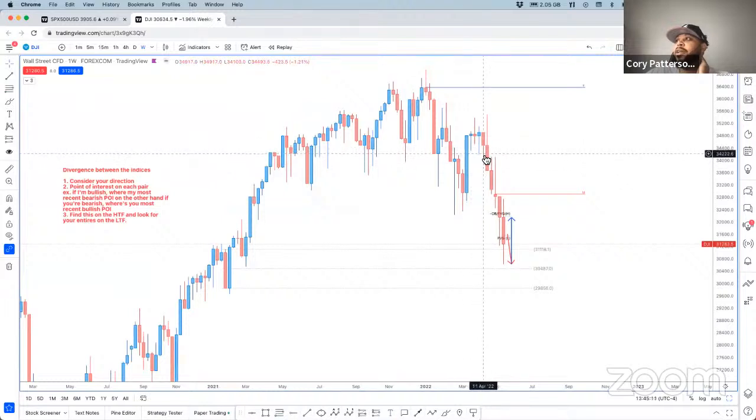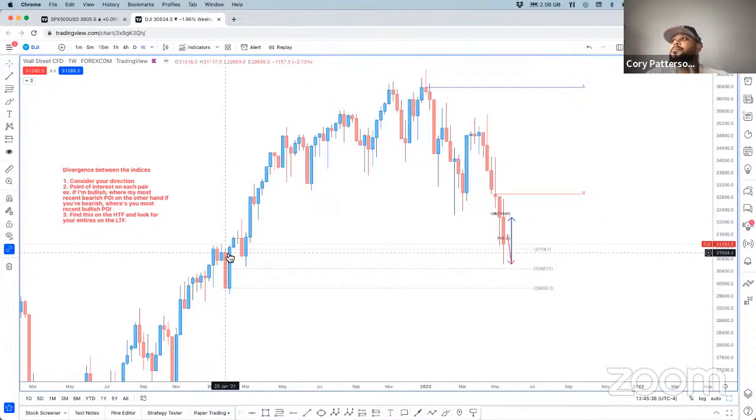We tried to hold it around these areas, but we traded through it. We had a bullish order block right here. We tried to hold it, pierced it, traded up and failed it again. We got near these lows. We tried to hold it right here and right here on these two candles. We failed it until we eventually saw that we wanted to come all the way back to here, right?